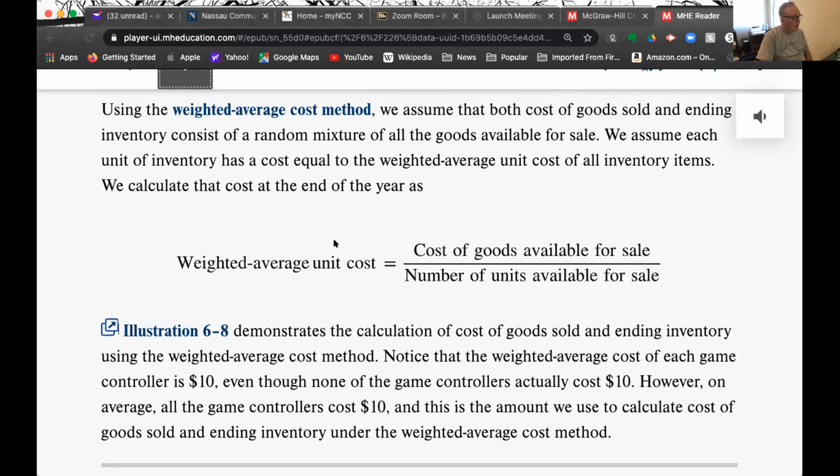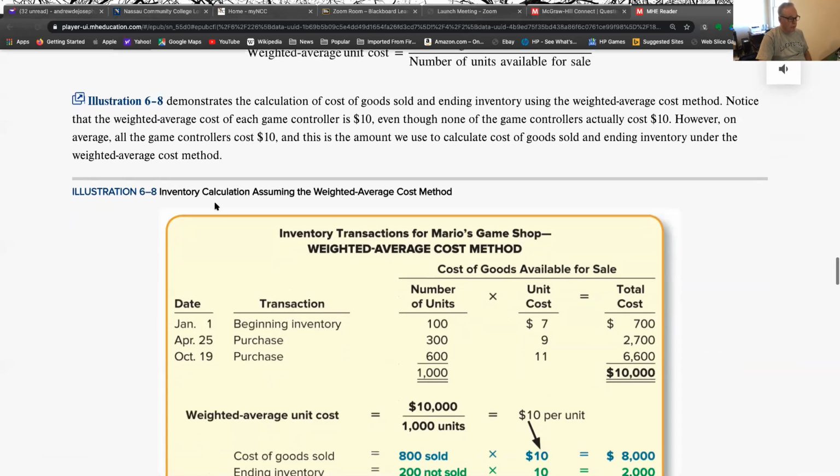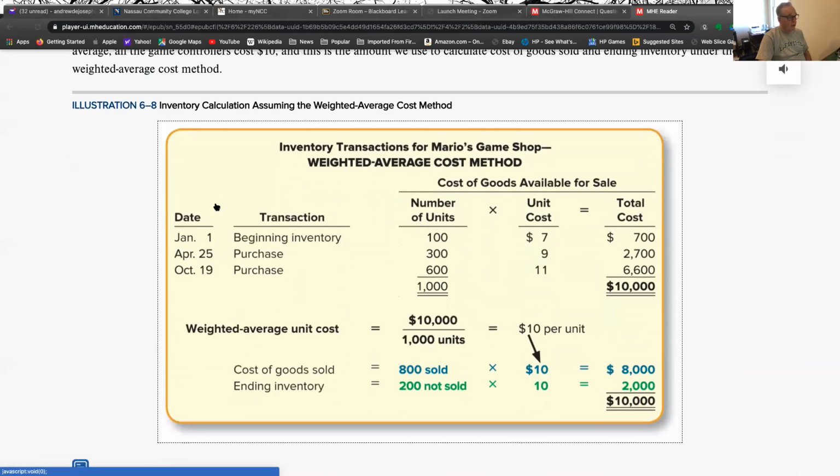So to figure out the ending inventory using what's really called the weighted average cost, it's a 2-step process. The first step is to figure out what's the average cost of a unit.